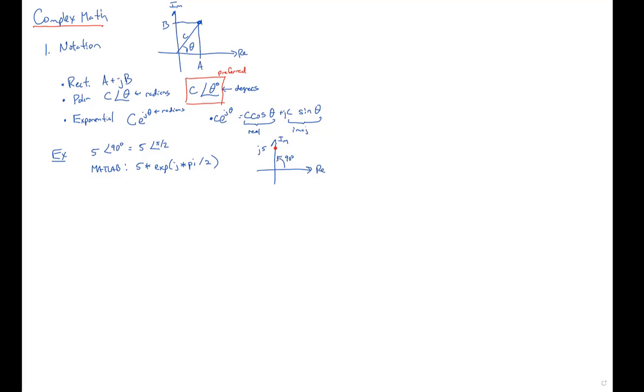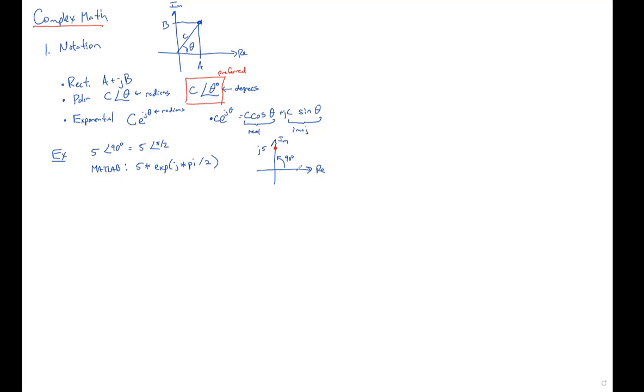In rectangular notation, how much real part does this number have? Would it just be the pi over 2? Well, how much? So it's 90 degrees up, so it's on that j axis. How much real part does this number have? Here's the real axis. 0. 0.